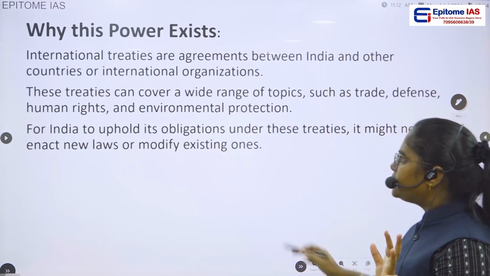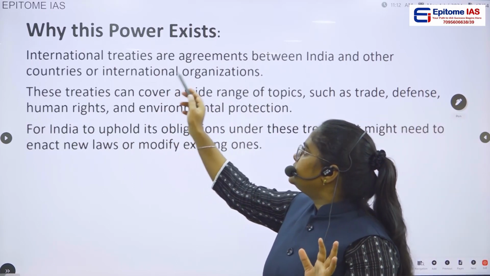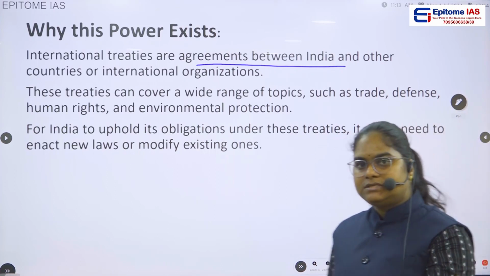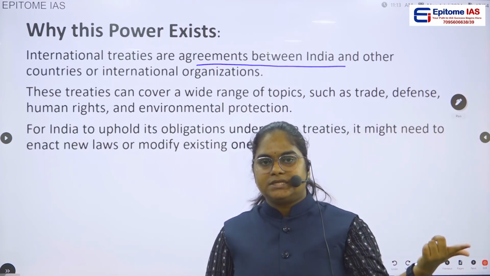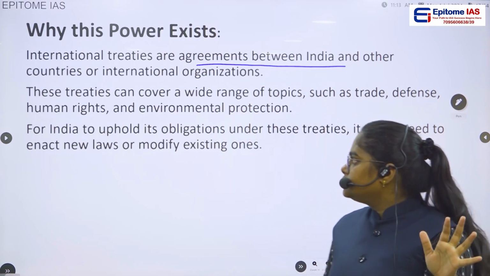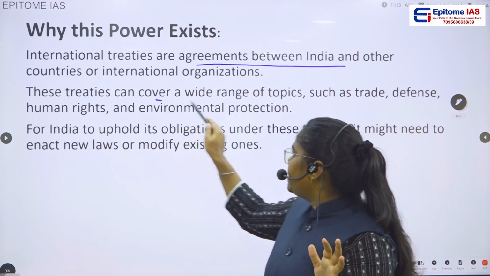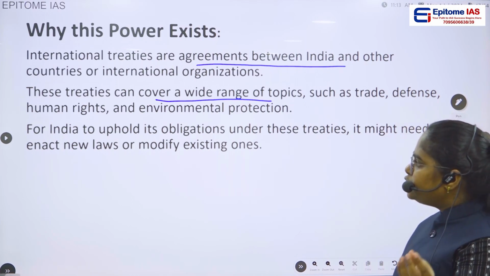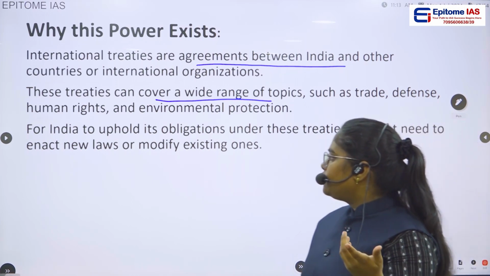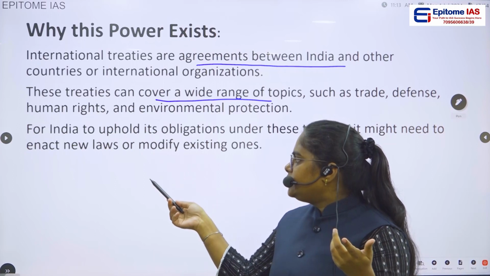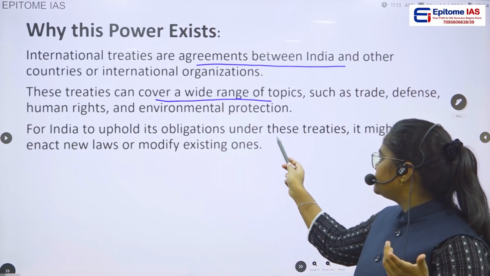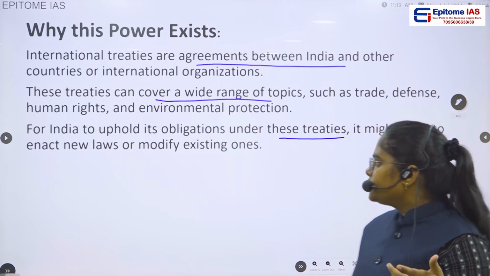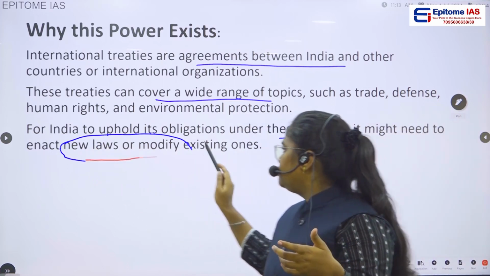If you see here why this power exists: international treaties are agreements between India and other countries or India and other international organizations. These treaties cover a wide range of topics such as trade, defense, human rights, and environmental protection. For India to uphold its obligations under these treaties, it might need to enact new laws or modify existing laws.